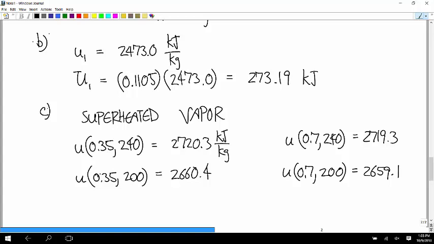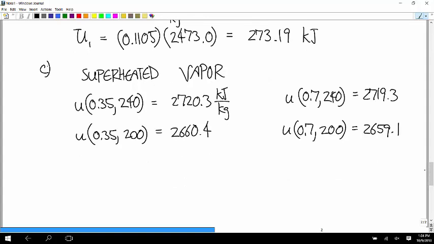And you can see that there. In both of these cases, as the pressure changes, you get a very small change in the internal energy, but as the temperature changes, that's where the big jump happens. So you get a fairly good approximation even if you skip the, I didn't want you to do that, but just intuitively, the difference isn't that big if you skip the step of interpolating over the pressure.